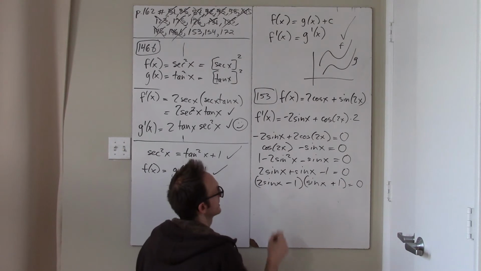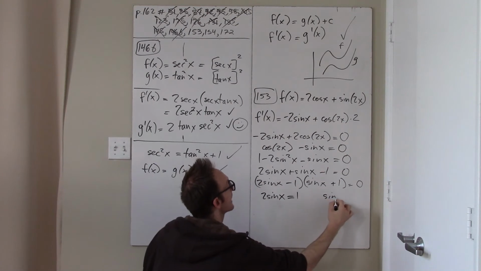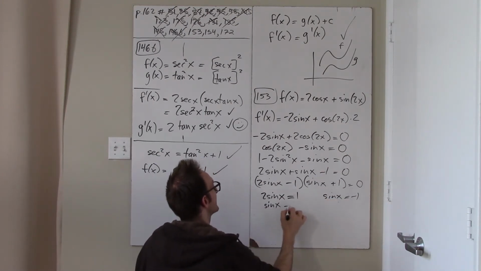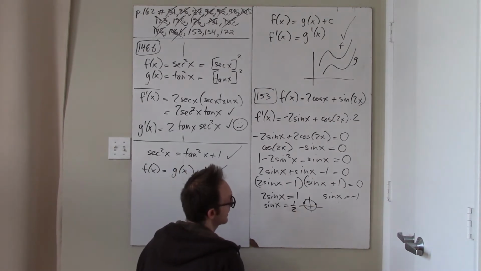And so the answer is that this is 0 when sine x equals 1 or when sine x is negative 1/2. A lot of pre-calc going on here. When is sine a half? Sine is a half here and here. I think it actually just said do it on the interval 0 to 2 pi.